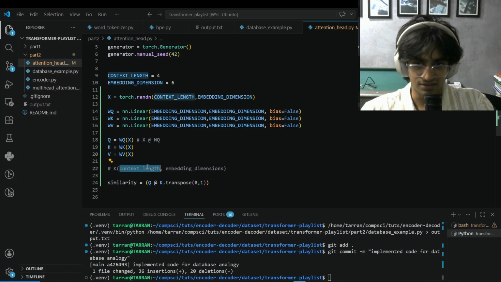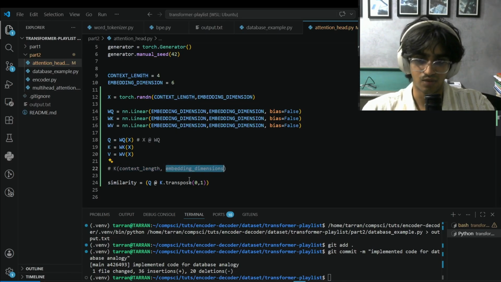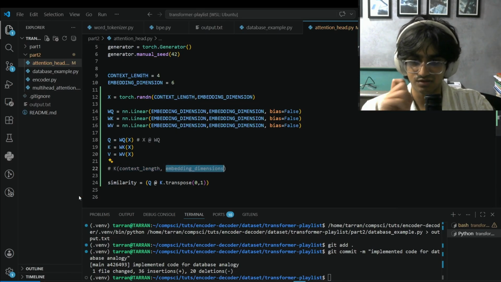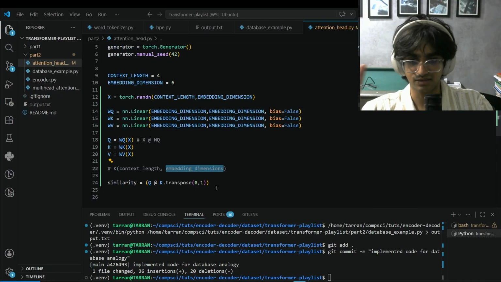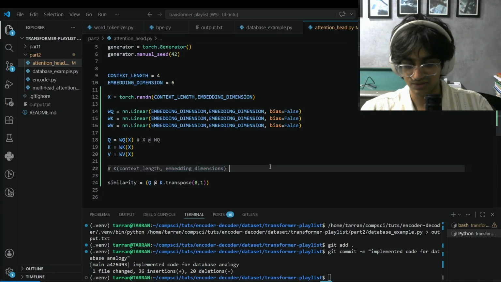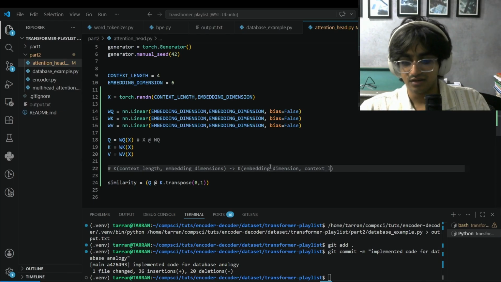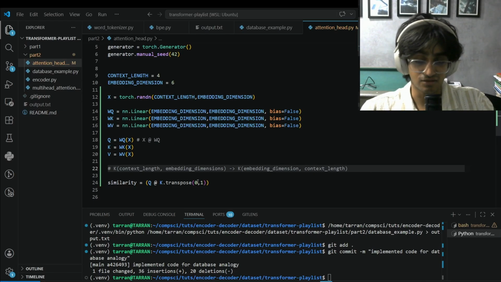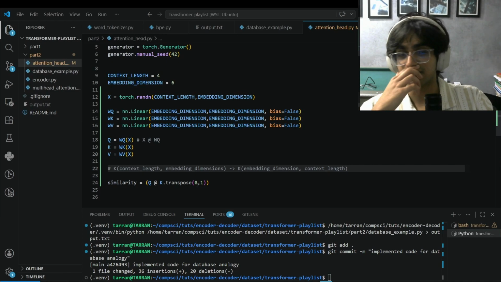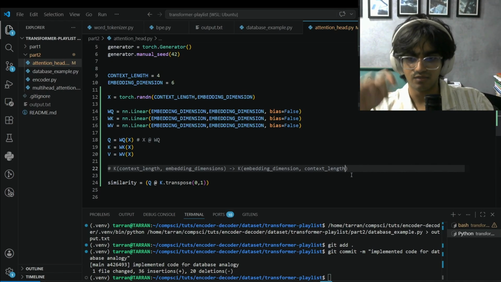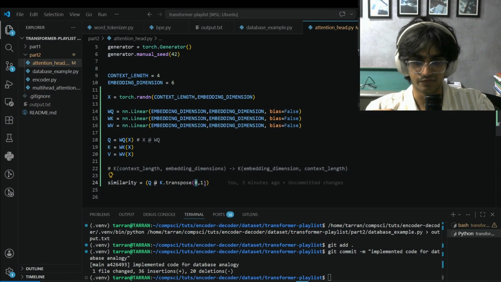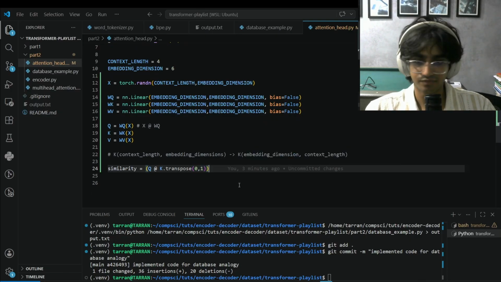So your context length is 0 and your embedding dimension is 1. When we transpose, we do 0, 1, so we're swapping 0 and 1. So your K transpose essentially is your embedding dimension and your context length. You'll understand why we've specified 0 and 1 over here later. I'll explain it when we do multi-attention head. But for now, just know that this specifies which two dimensions we're swapping.